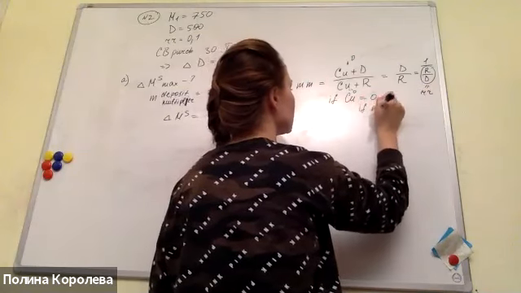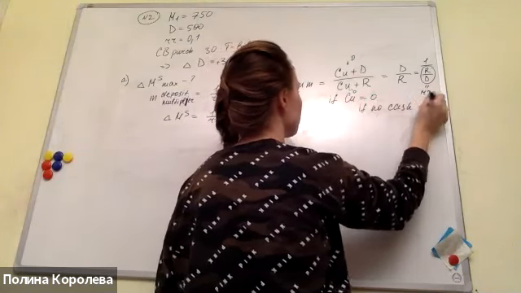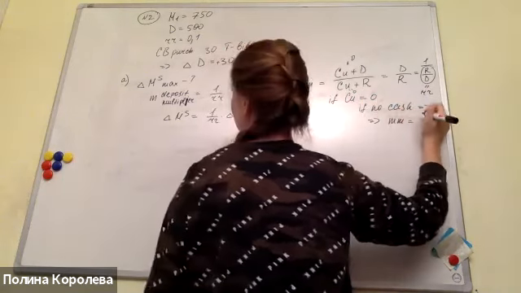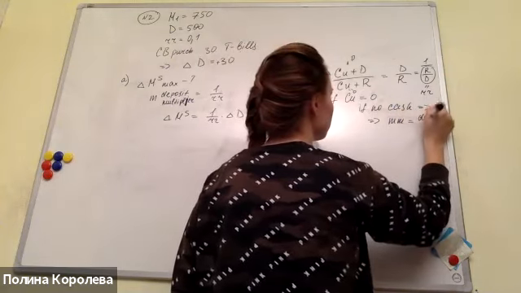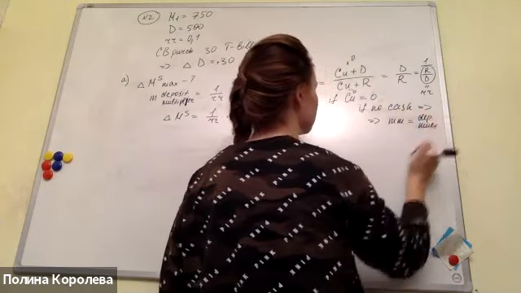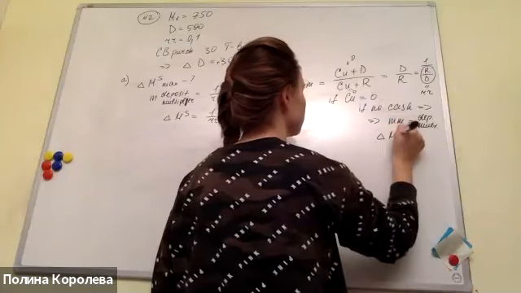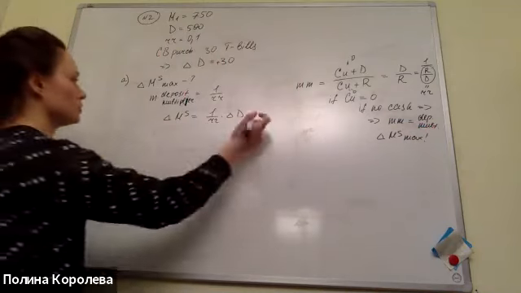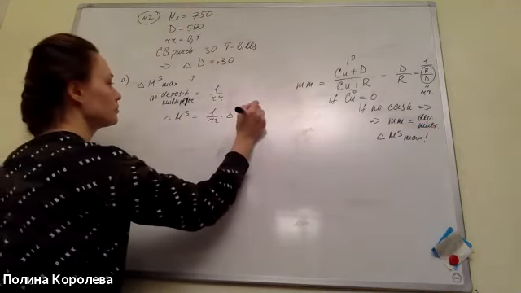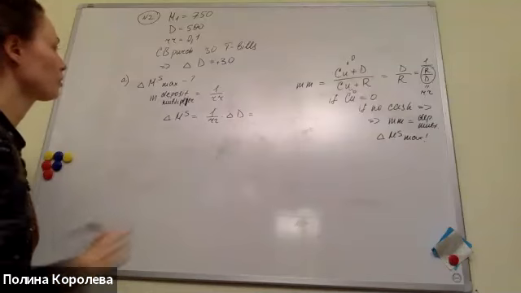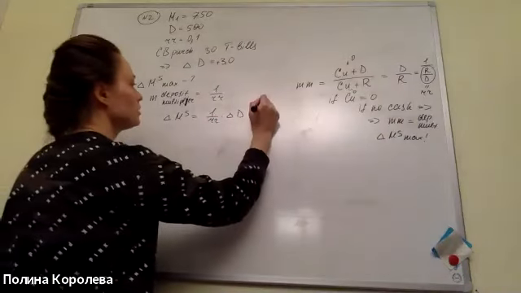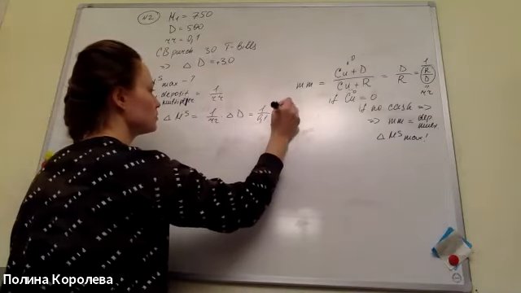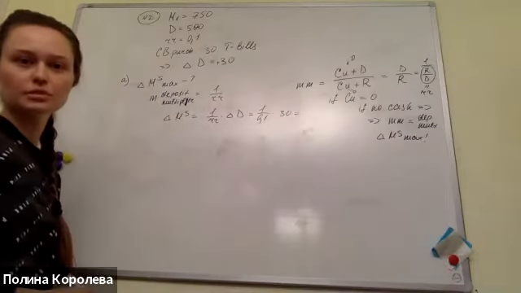If there is no cash, then the money multiplier equals the deposit multiplier, and the change in money supply is maximum. Let's count. This will be 1 over RR, 1 over 0.1, multiplied by the change in deposits, 30. Yes, 300.